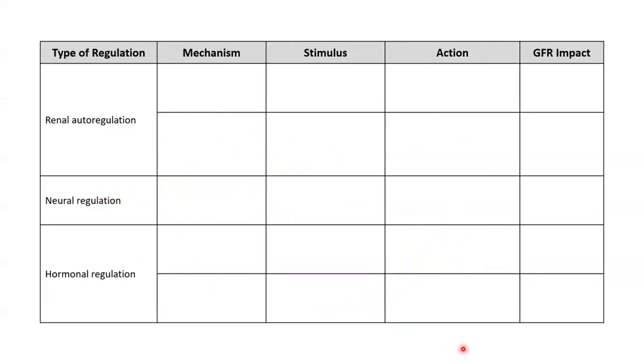So putting all of that into a summary table for you that we will fill out as we go along. The first method by which glomerular filtration rate is regulated was our renal autoregulation. And within the concept of renal autoregulation, which remember is the kidneys regulating themselves, is the myogenic mechanism and our tubular glomerular feedback.